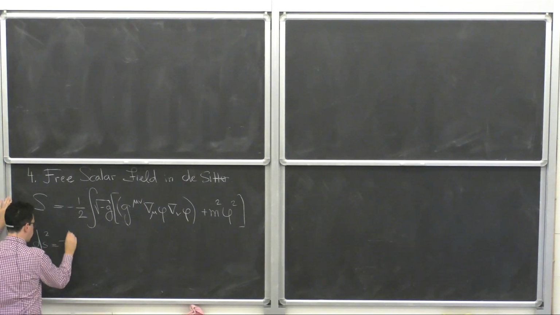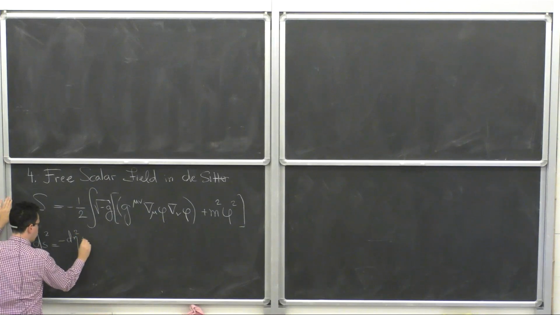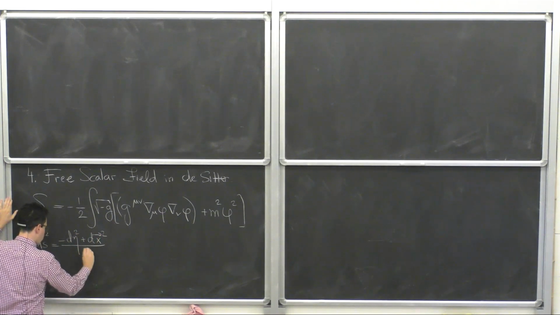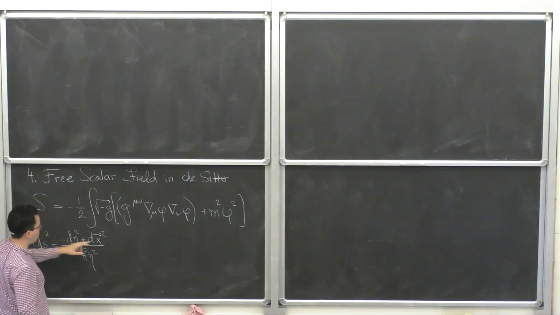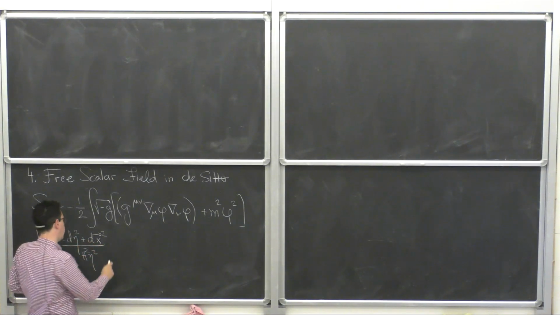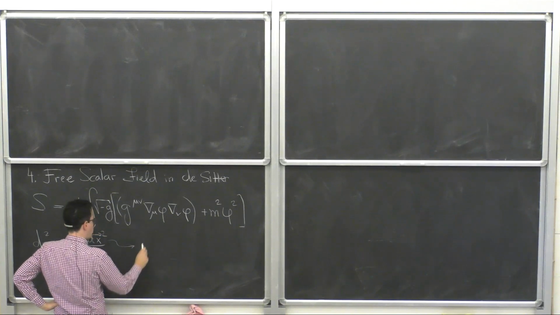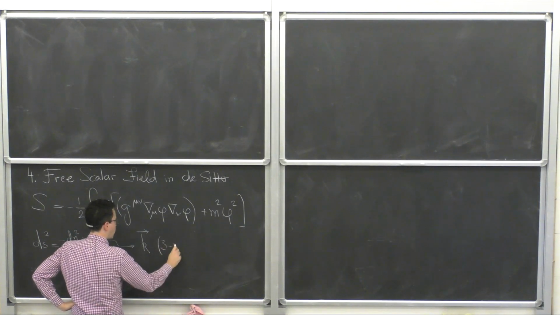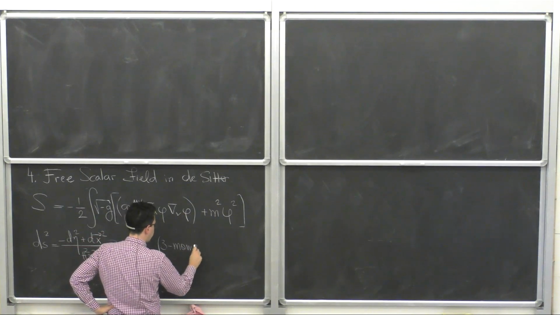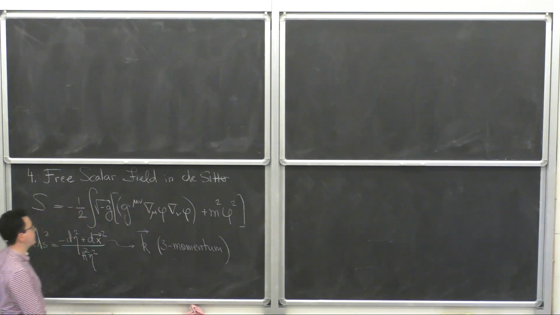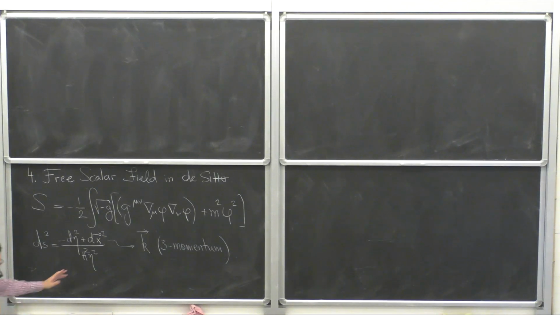We're going to quantize in these flat slices. Because there is translation symmetry in position space, we're going to go to momentum space. So this is 3-momentum, okay? There's no energy because there's no time translation symmetry.